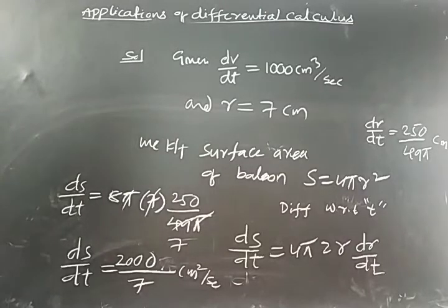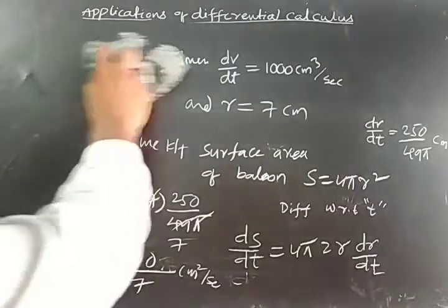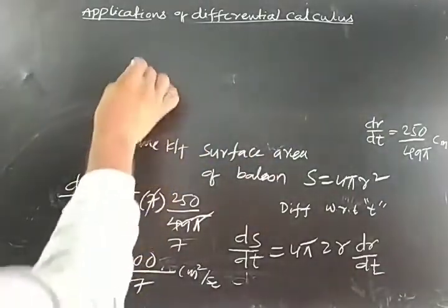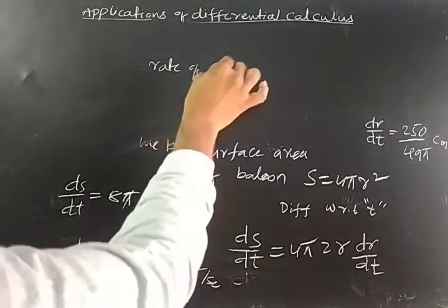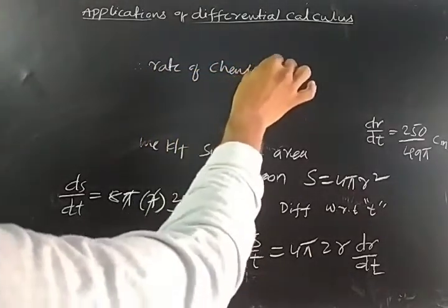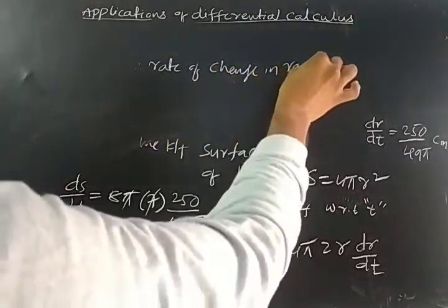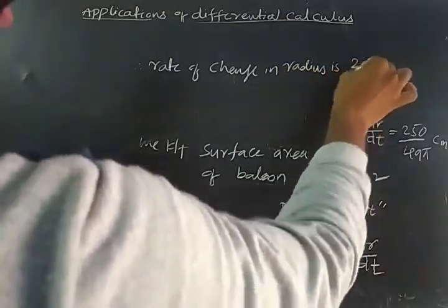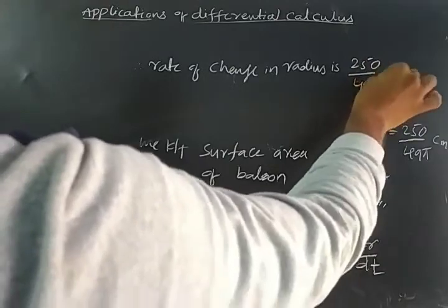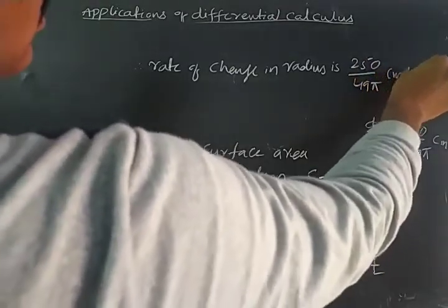So you can write, therefore, rate of change in radius is 250 by 49 pi centimeter per second.